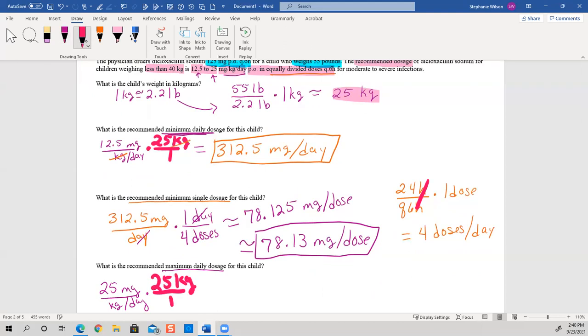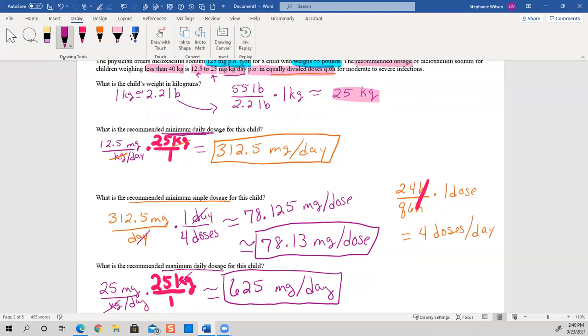And again, the patient always goes on top. So now let's come through here and make sure the kilograms reduce, leaves me with milligrams per day. Yes, so we're good. So now we got 25 times 25 gives me 625 milligrams per day. So we're doing good.